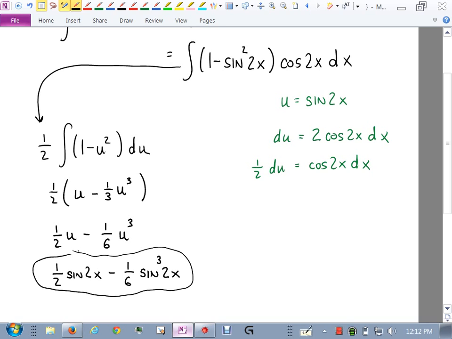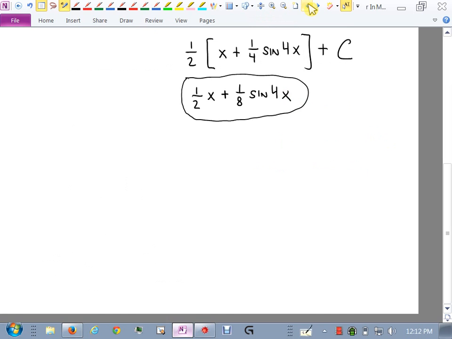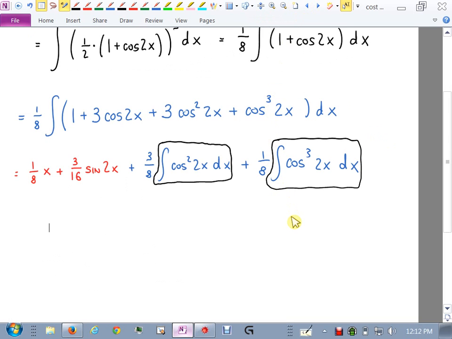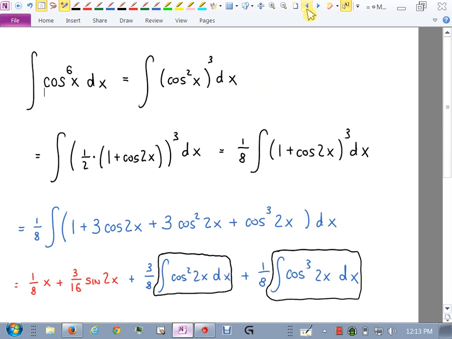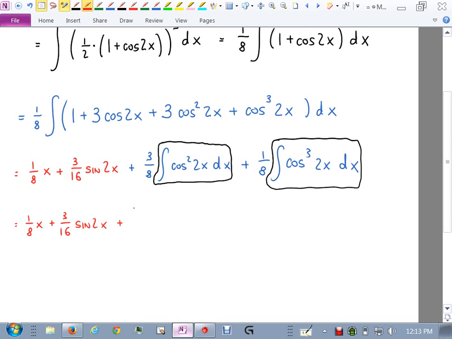Can we go back to the answer now? Let's try and put this answer together, which was back here. Let's try and keep track of all of our constants. We have a 1/8 x plus a 3/16 sine 2x plus, now that 3/8 distributes through to this one, right? So 3/8 times this is 3/16 x, and 3/8 times this is 3/64, right? Help me out. What was the first one?